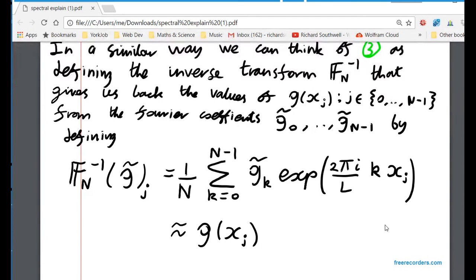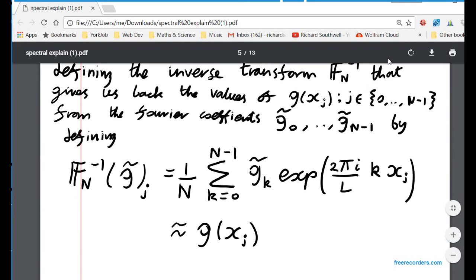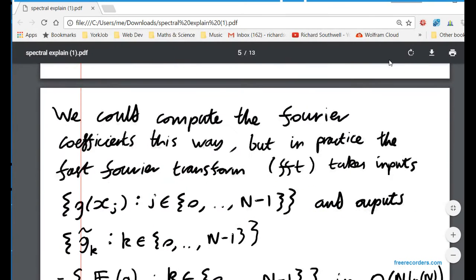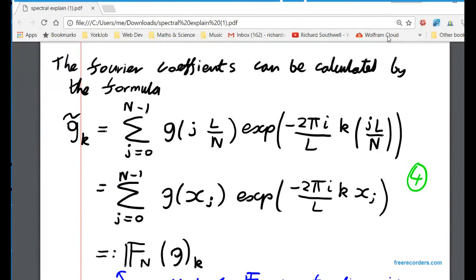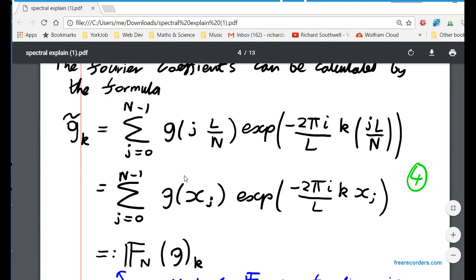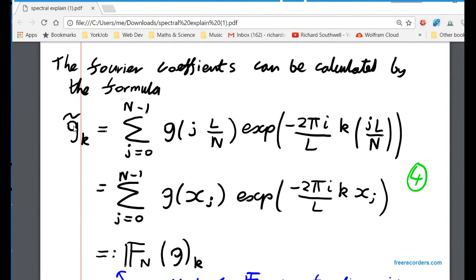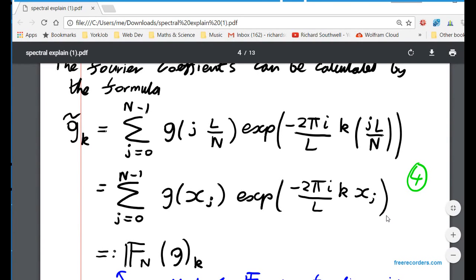So you can think of this F transform as something which is mapping the vector of values. Okay, let's go back to equation 4. It's mapping the vector of values of g at the different grid points onto the vector of values of the coefficients, the Fourier coefficients g tilde of k for the n different values of k.